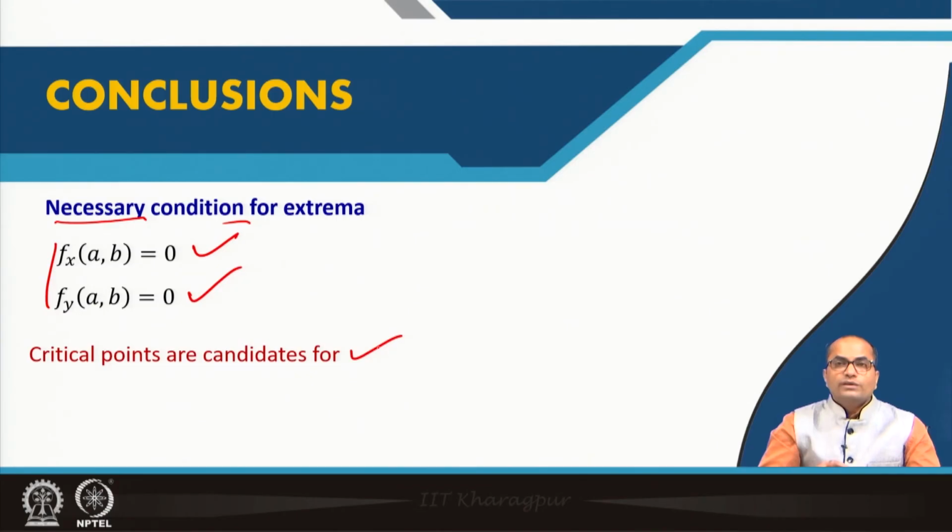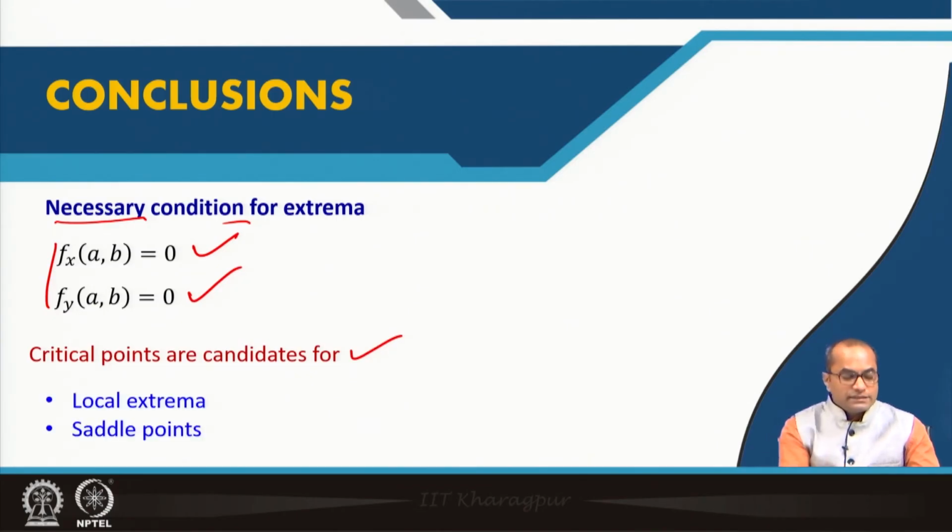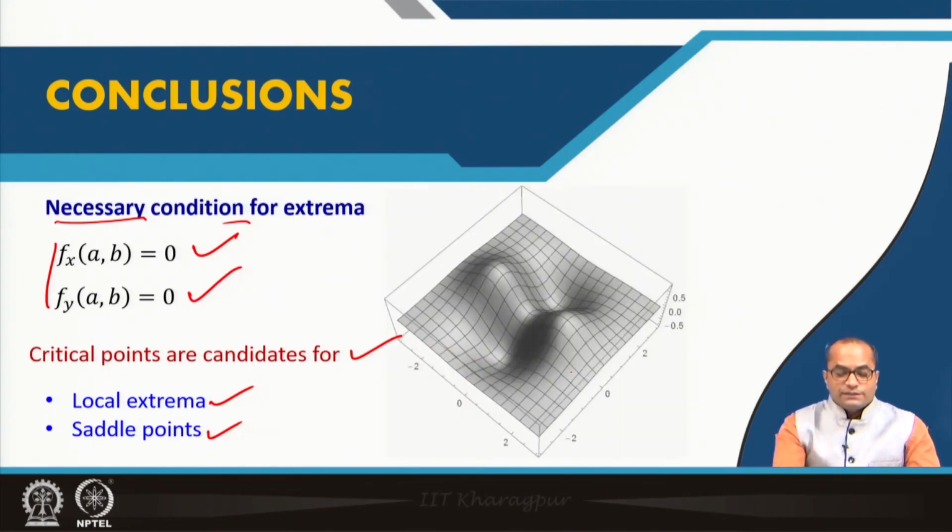And these critical points are basically the candidates for local extremum, meaning the local maximum, local minimum, and also some of them may be saddle points. As we have seen in the previous lecture, by this surface itself we could realize the points of local extremum or extrema and the saddle points.